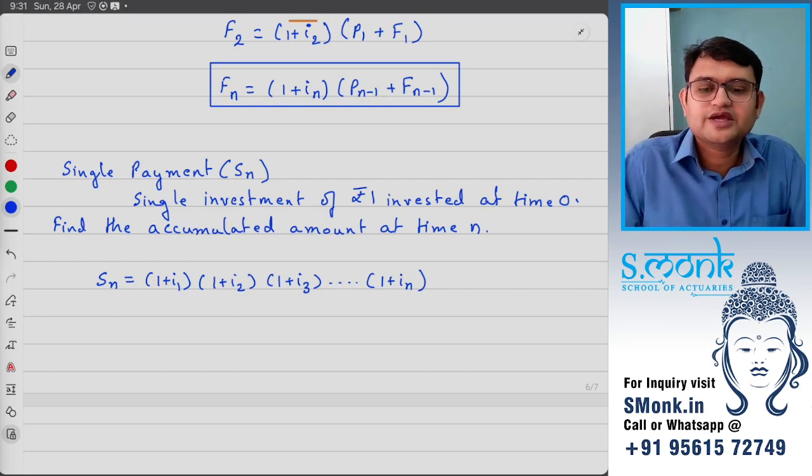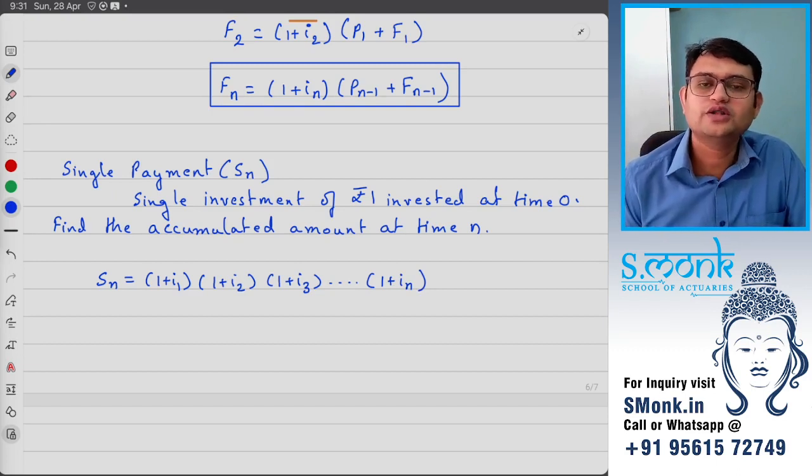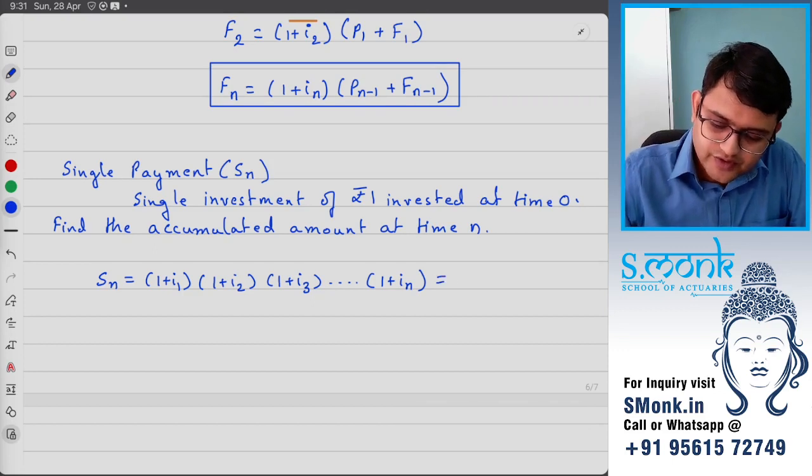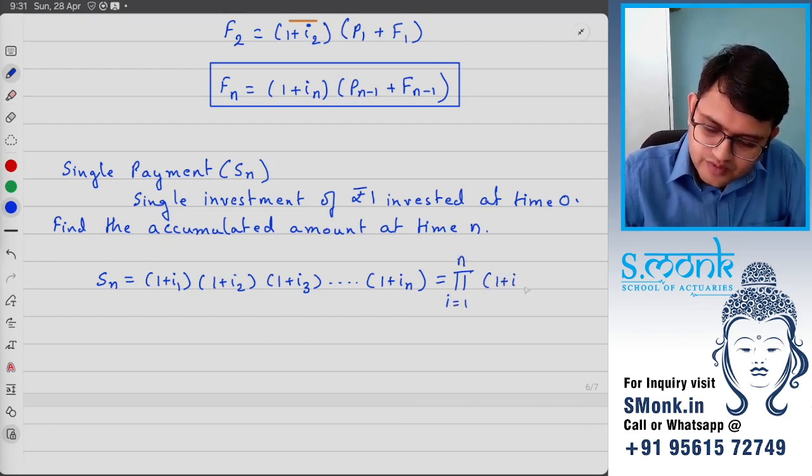So I'll have multiplication of all years' accumulation factors. We can also write this as pi. Pi is used for product, 1 to n. Okay, too many i's, so let's say k.